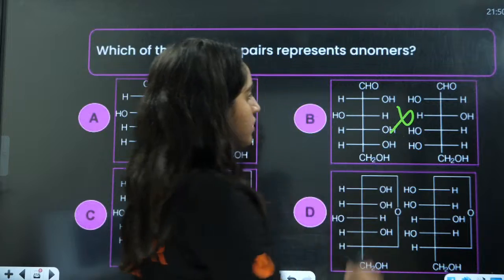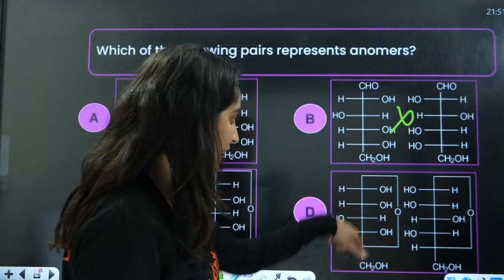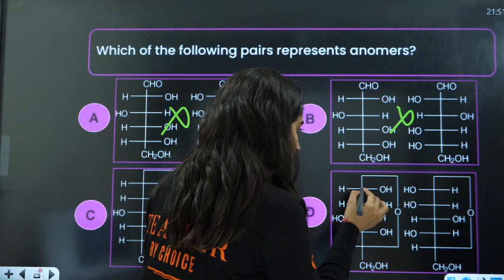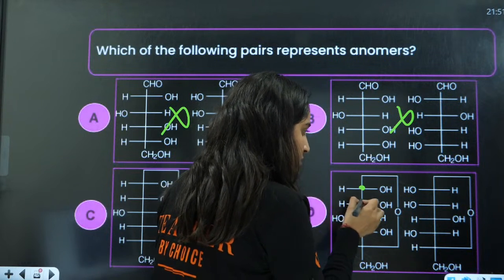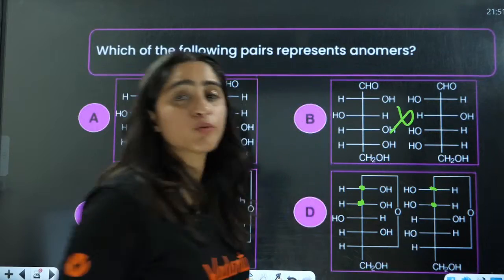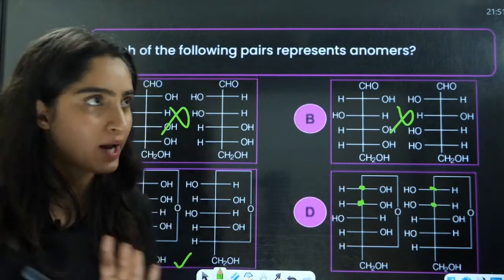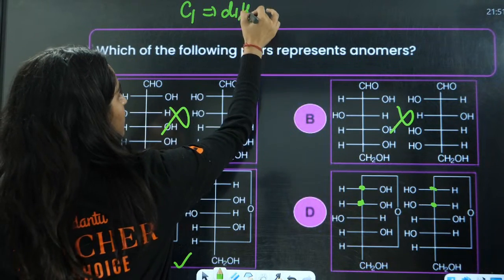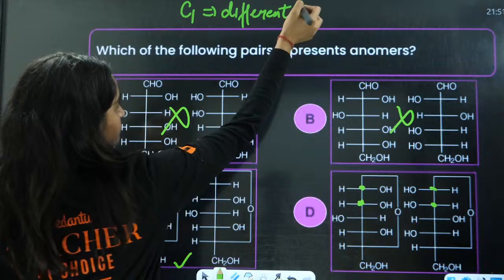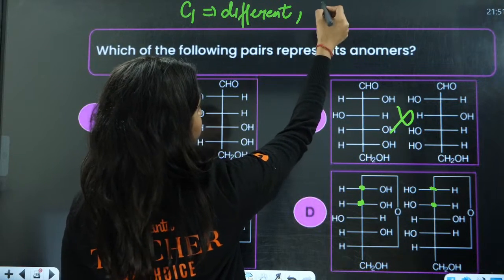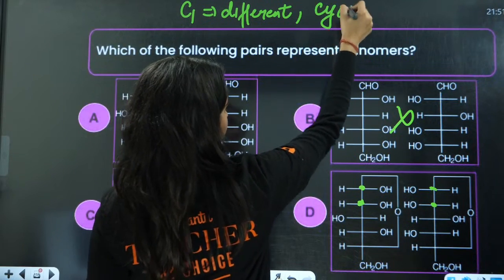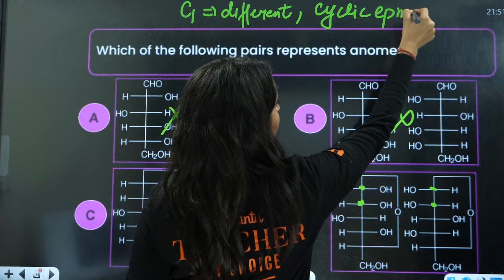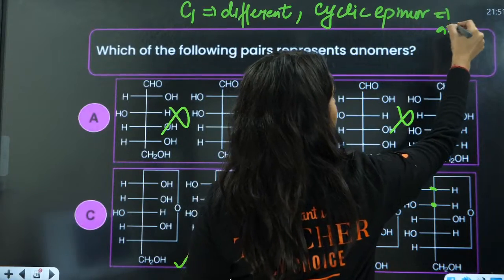This one is also not cyclic. This is cyclic, but there is a difference in the first position and also in the second position. There should be a difference in only carbon number 1. Cyclic epimers are anomers.